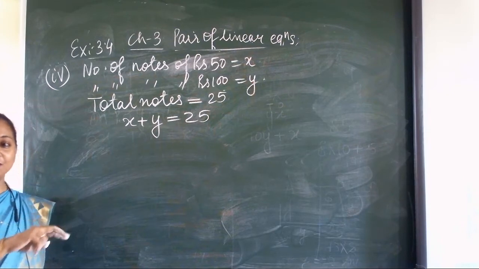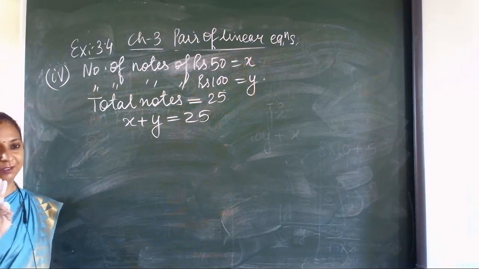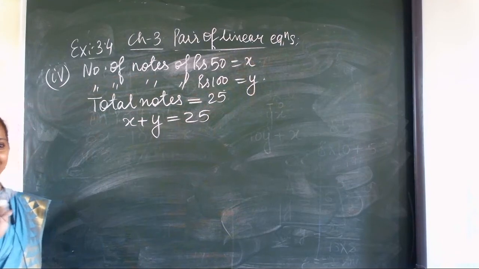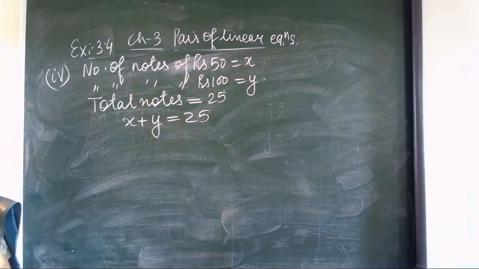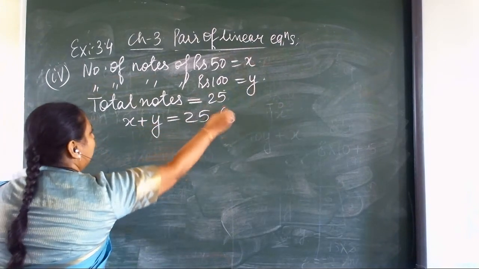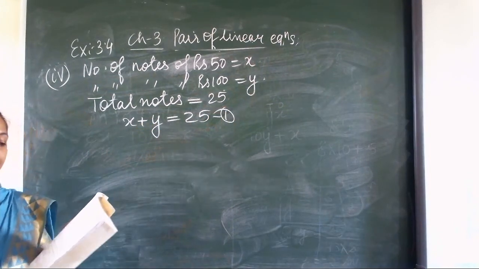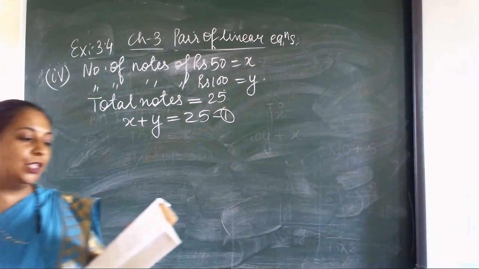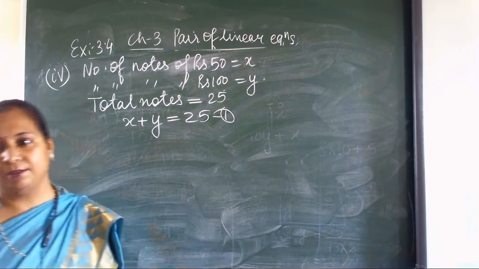50 rupees notes and 100 rupees notes, so their sum is equal to 25 notes total. Clear? So this is the first equation, and the second equation becomes: she wants to withdraw rupees 2000.